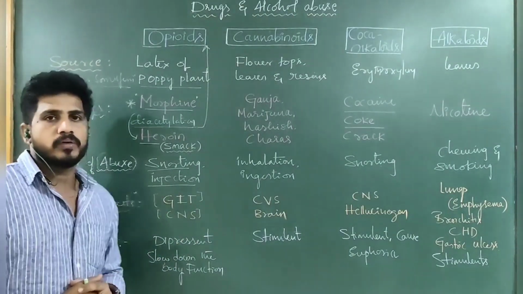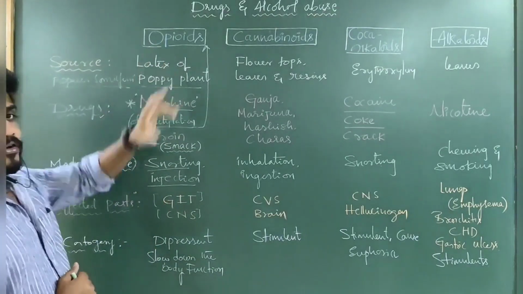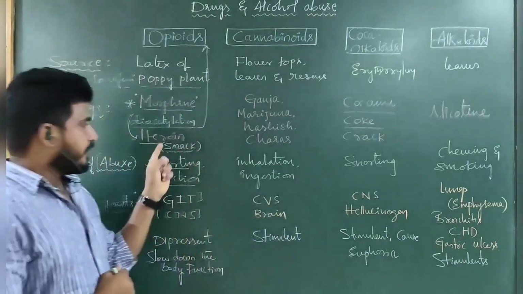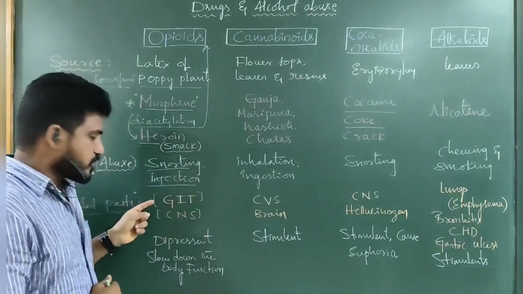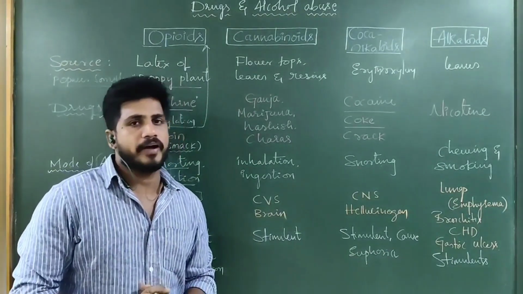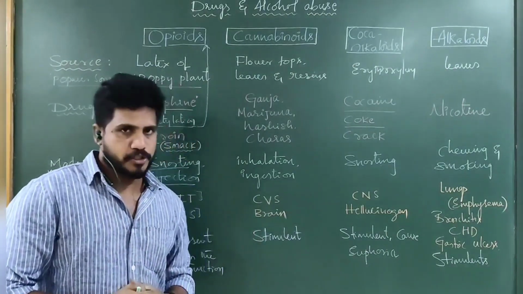Because these two organ or tissue surfaces have opioid receptors. As they have opioid receptors, when a person consumes these drugs, they go directly to the gastrointestinal tract and central nervous system and bind to the opioid receptors. So the receptors' functions will be constant.